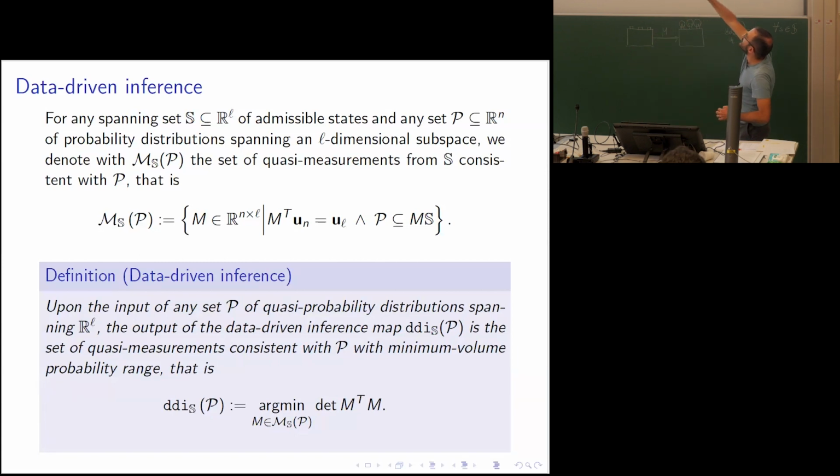That set over there is the set of consistent measurements for a set of observations P. We require them to be n-outcome measurements, represented as real matrices in n times L. The first condition is that they are measurements, and the second condition is consistency. So these are all the measurements that contain in their probability range the set P of probability distributions that we have observed.